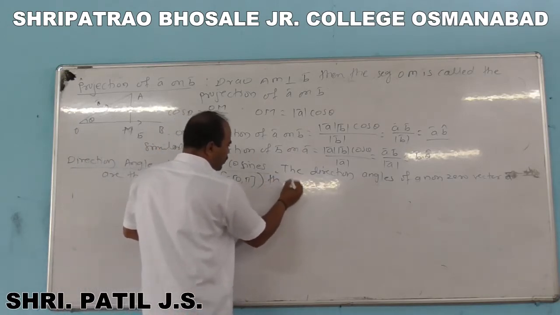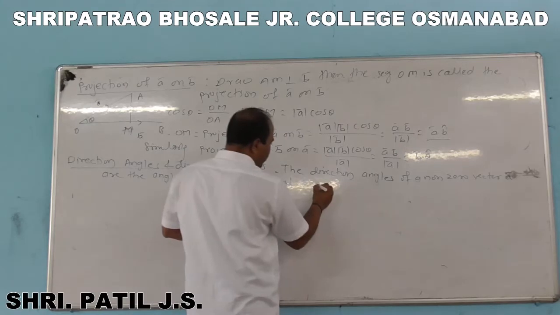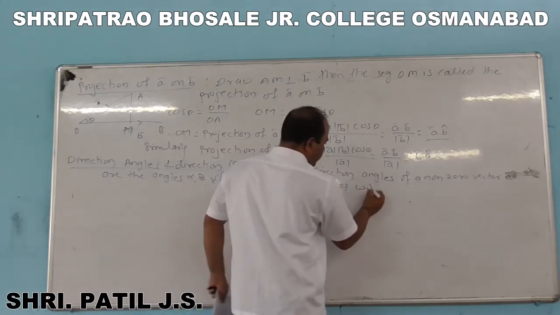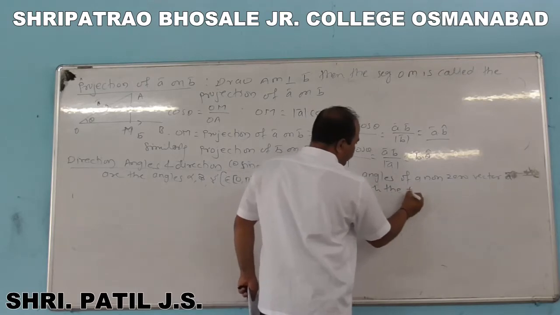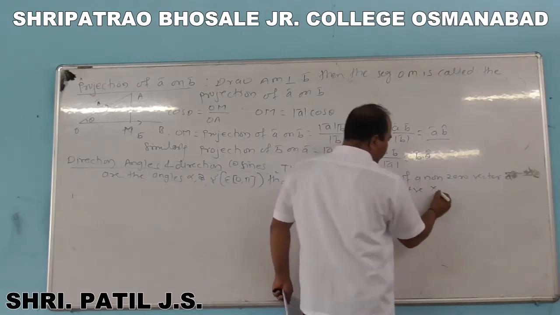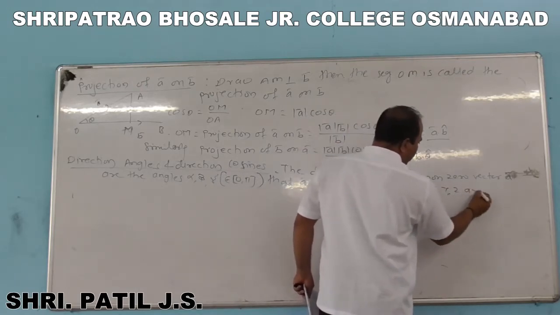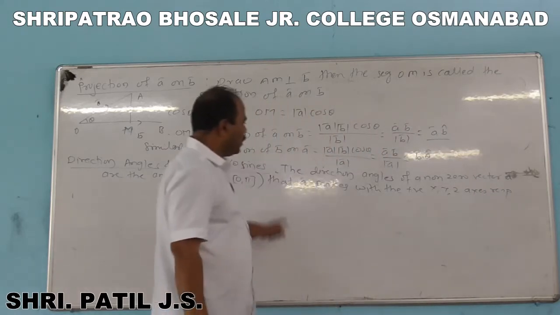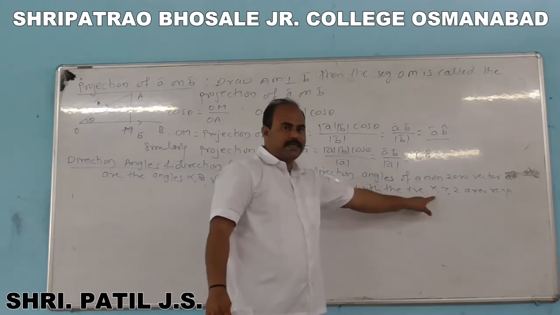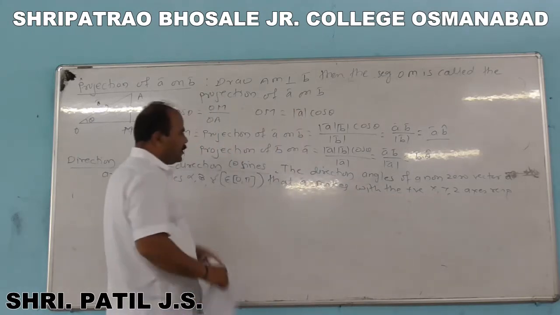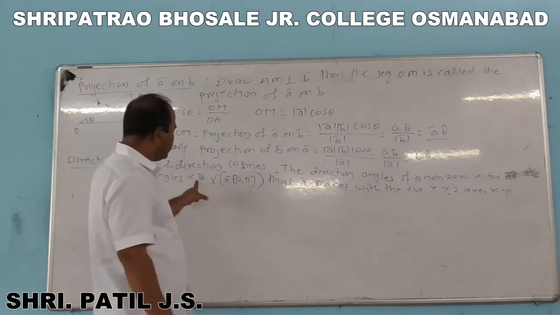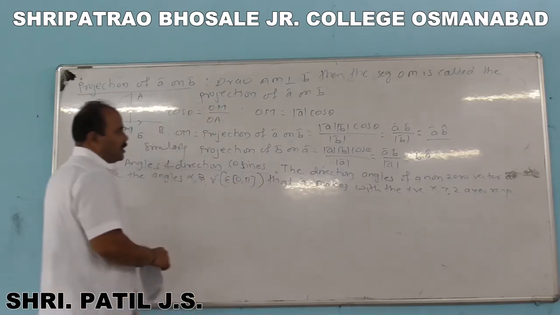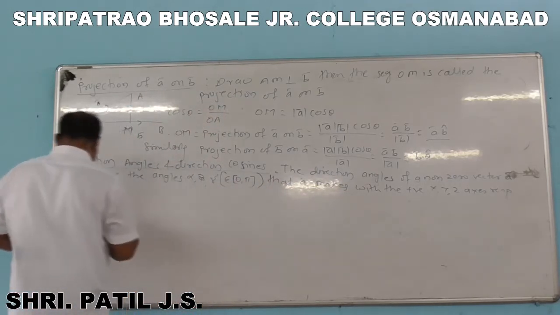That A makes with the positive x, y, z axis respectively. A with x axis the angle is alpha, A with y axis this angle is beta, and A with the z axis this angle is gamma.